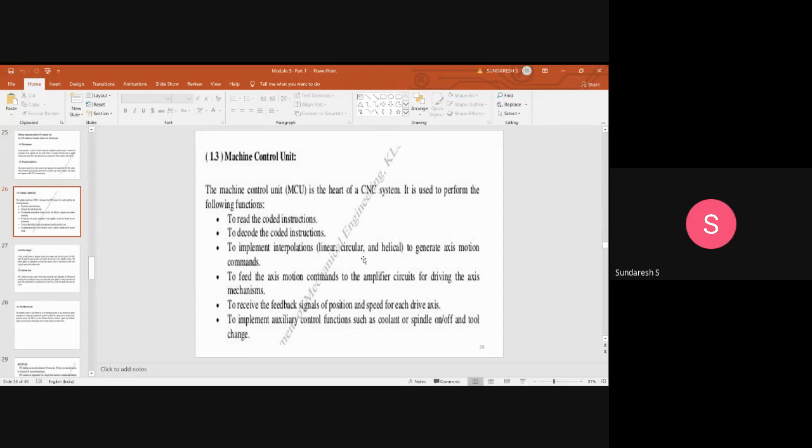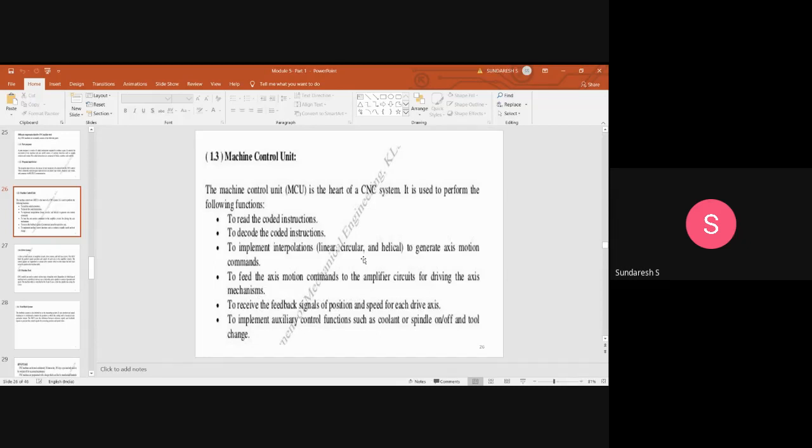So these are things that you already know and have studied in your lower semesters. So what are the basic functions of a machine control unit? The machine control unit reads the coded instructions, and that code is decoded. It is written in one language and is decoded into another language that the machine tool can understand.